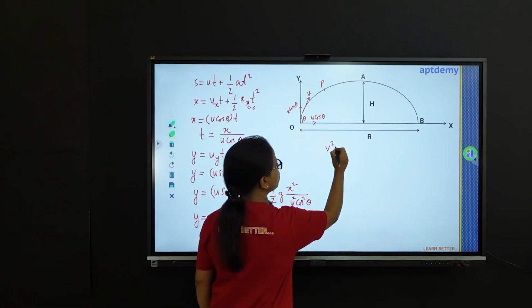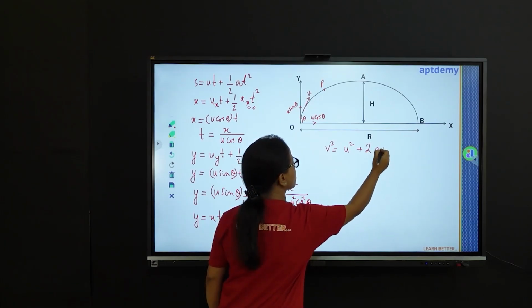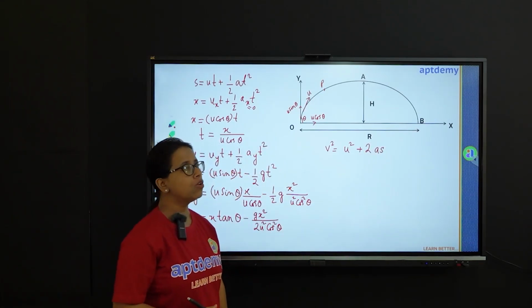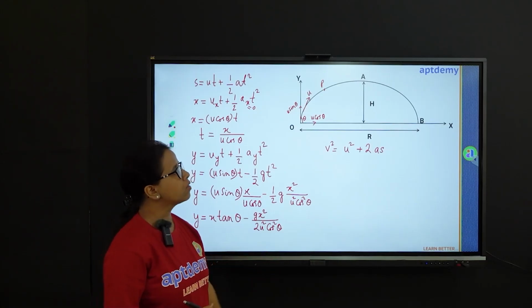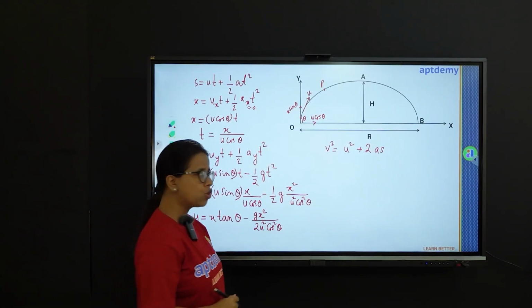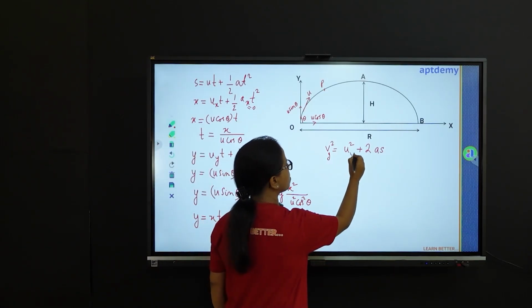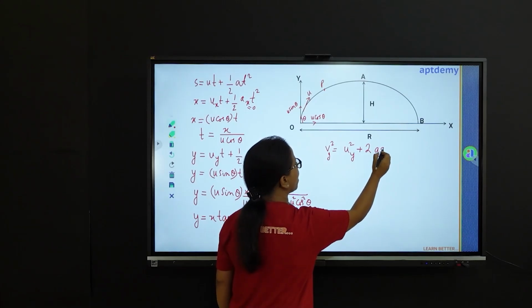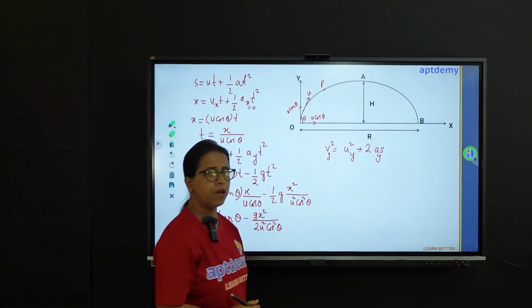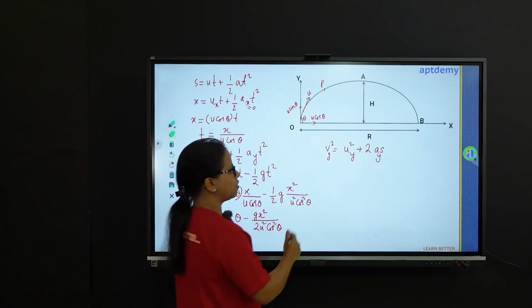So we have v square equals u square plus 2as. As I said, while finding the maximum height attained by the projectile, we shall consider only vertical motion. So this v will be vy in the y direction, this is uy and this is ay, and this s will be replaced by h, which is the maximum height achieved by the projectile.